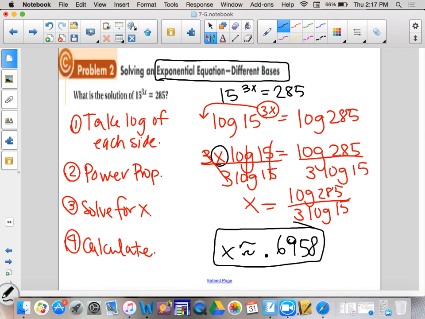Okay. 0.6958. So somewhere around 0.6958 is my answer for this problem, because that means that it's approximate. It's an approximate, yeah.